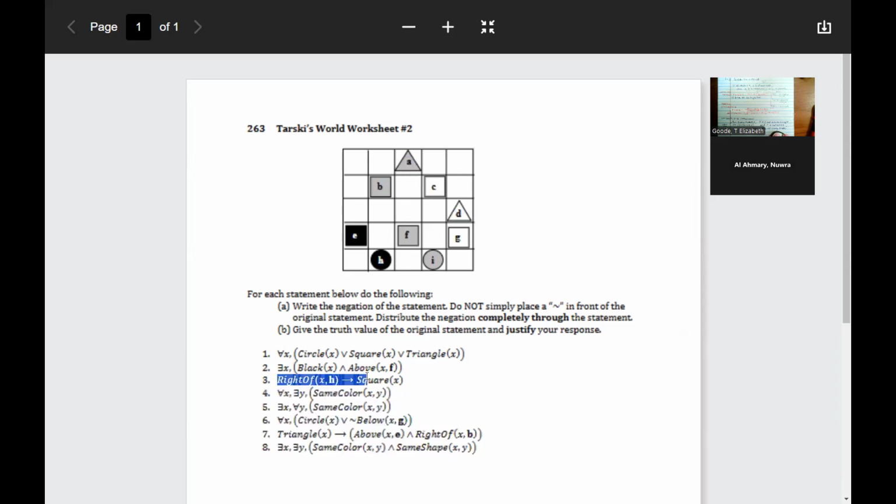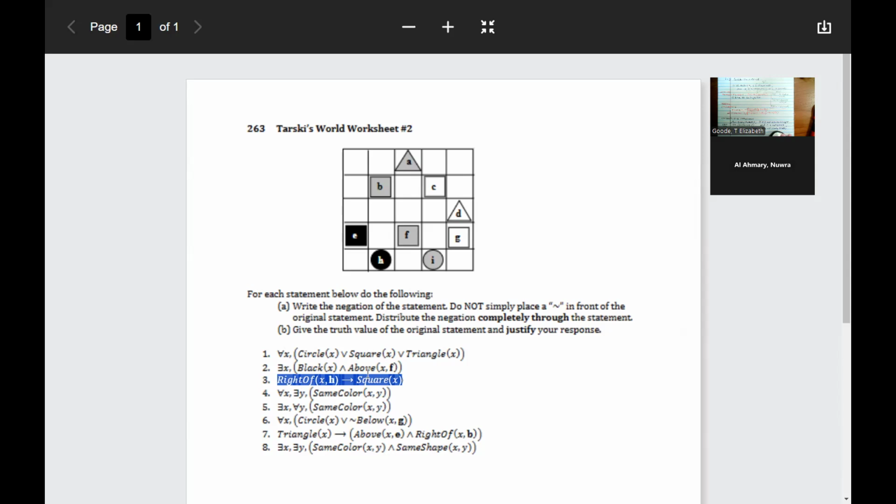Look at 3. There's not even an apparent quantifier, but we know something about if-then statements. What is the implicit quantifier? It's an if-then. So what do we know about every if-then statement?